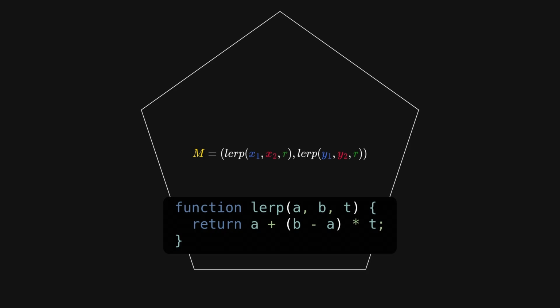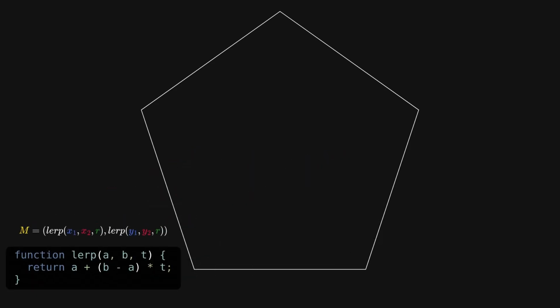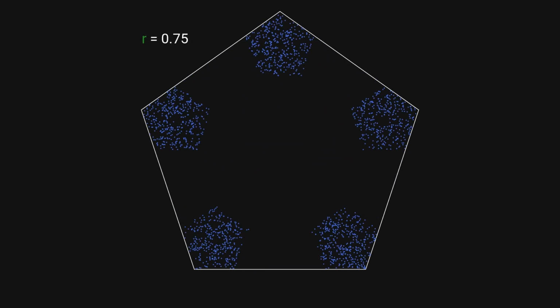Lerp applied to the x and y of two coordinates allows us to select any point along their connecting line. We pass a progress or percent value that tells us where in between our coordinates we want our new point to be. This value should be in between 0 and 1, let's call it r. This alone can completely transform the pattern into other interesting forms.